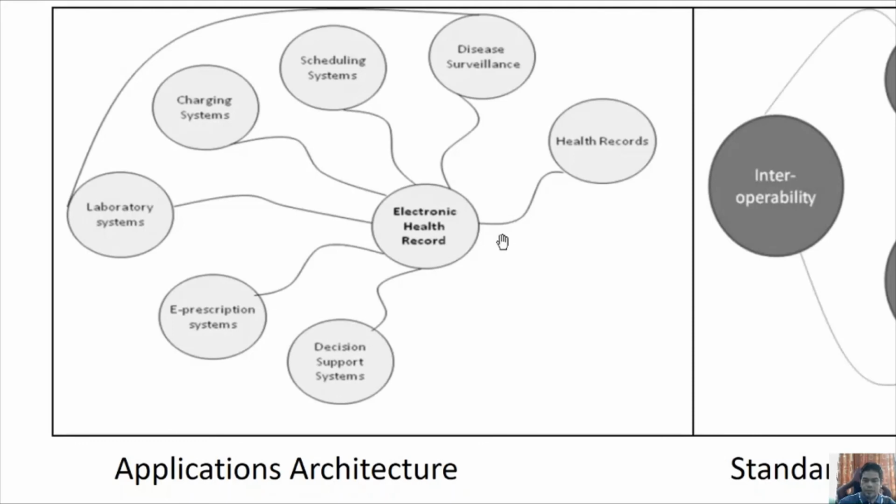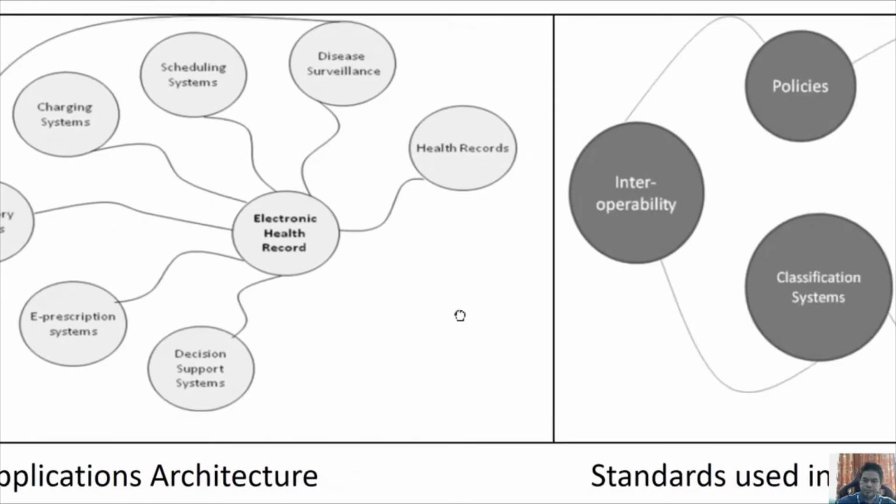In the next chapter, I will explain what the electronic health record is, what the EMR is, and the difference between EMR and EHR. This application will generate the electronic health record, the ultimate goal, for planning, for treatment, for management, and so on.